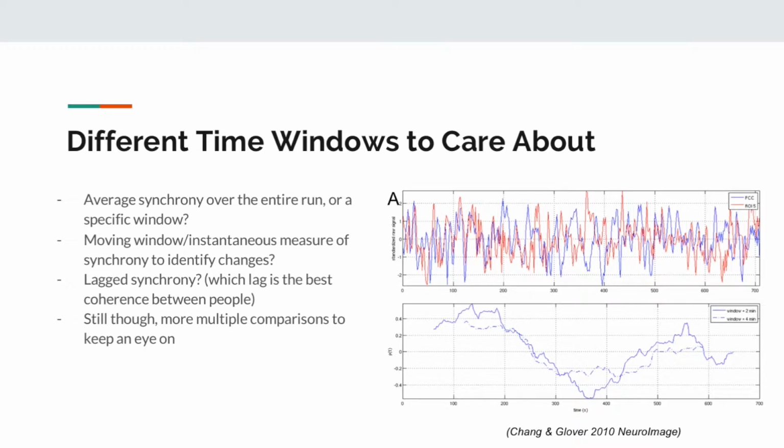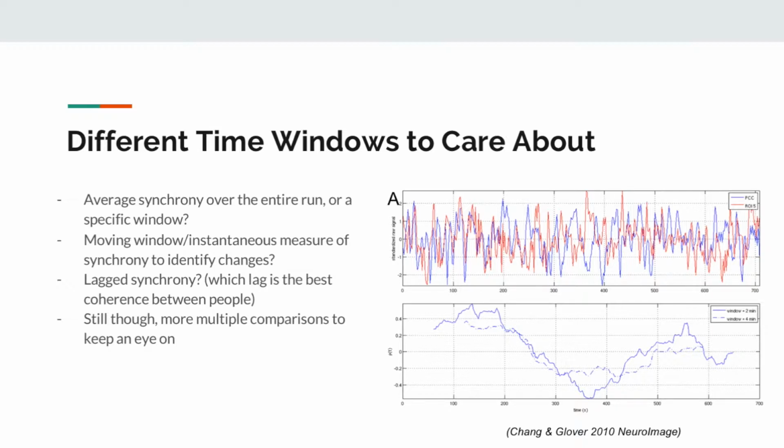Other things that you can do are considering, instead of the synchrony of 2 time traces over the course of an entire scan, like maybe an entire social interaction or an entire movie, you can look at average synchrony over a narrower window of time, and then if you shift that window through the entire run, you can see how synchrony changed over time.